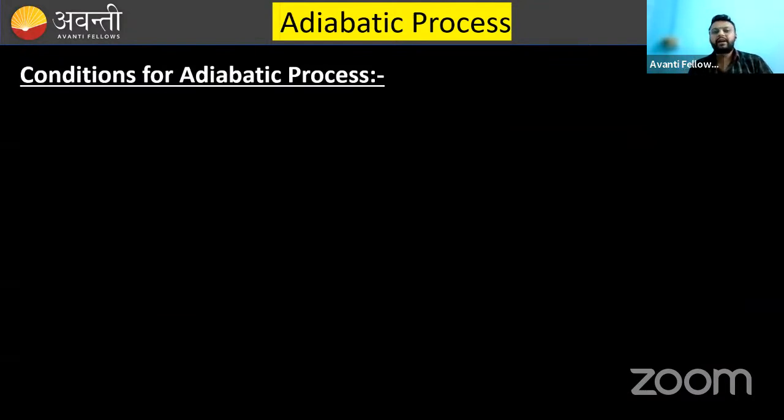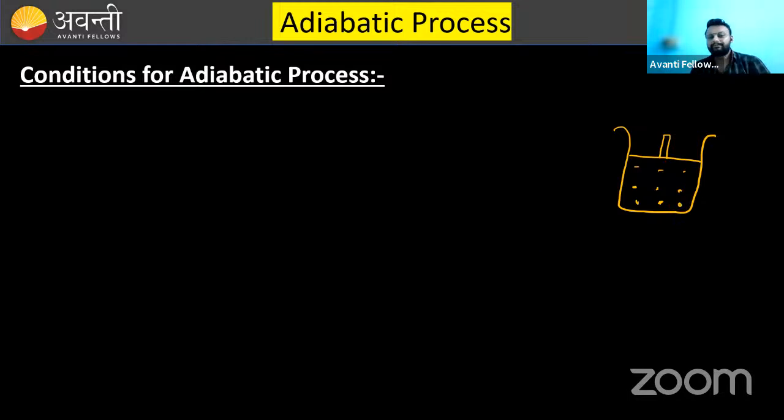What are the conditions for adiabatic process? Okay, listen to me. What is adiabatic process? For example, this is a thermodynamic system with a piston, and this is some gas, ideal gas.